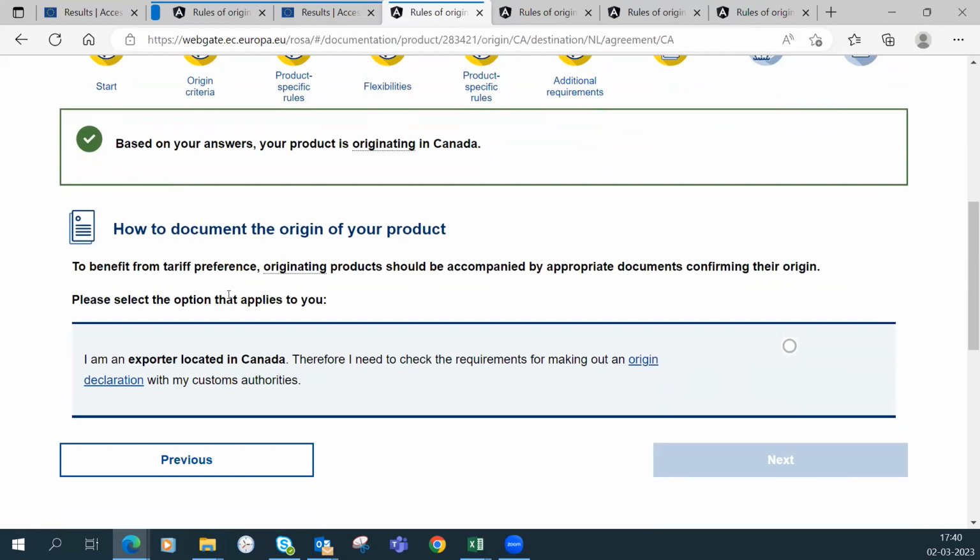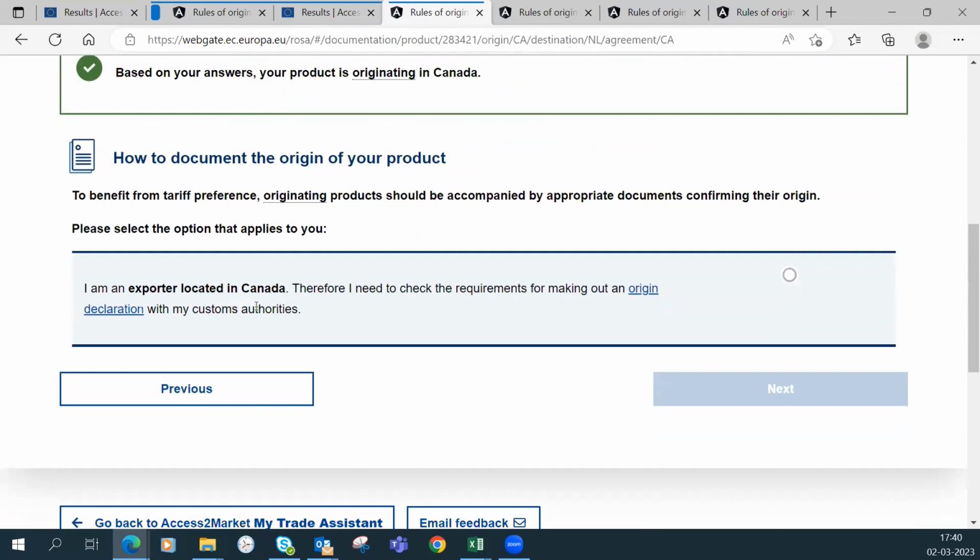Again, you have the same question. Now you are an exporter located in Canada. So indeed, you have to check with Canada what the conditions are for you to make the origin declaration. In the EU, if you are an exporter from the EU, you need to be registered.